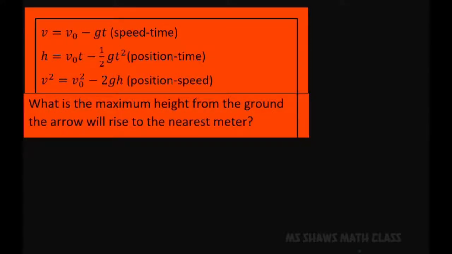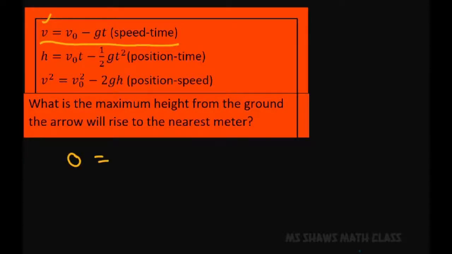given the problem that we need the maximum height, so we're going to use this formula here. Set velocity to 0, because remember, at maximum height the velocity is 0. So we're going to set v to 0.